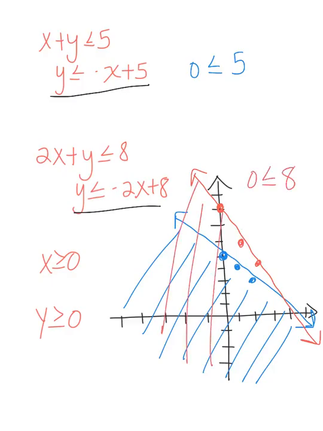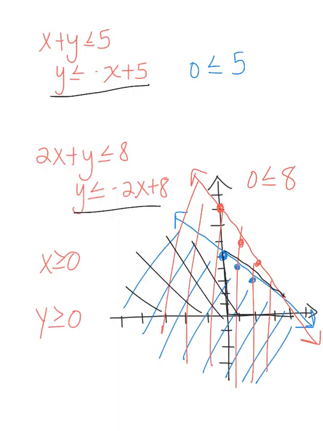So we'll go ahead and shade. And we want where x is greater than or equal to 0, so that's above the x-axis. So that's going to be here. And we want where y is greater than or equal to 0, so then we're looking to the right of the y-axis. And so we're looking at this region in here as our feasible region.